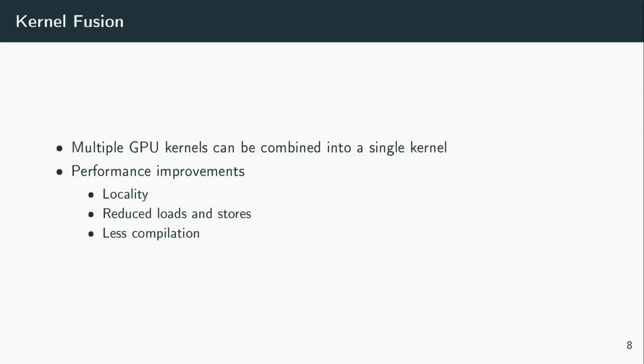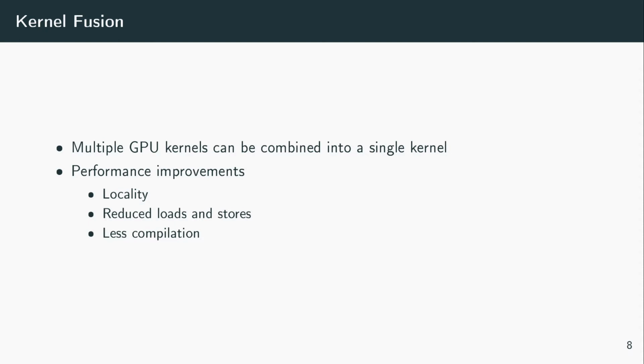Part of the reason for these libraries having less performance than they could have is that they do not have support for automatic kernel fusion. Kernel fusion is where multiple GPU kernels are combined into a single kernel.